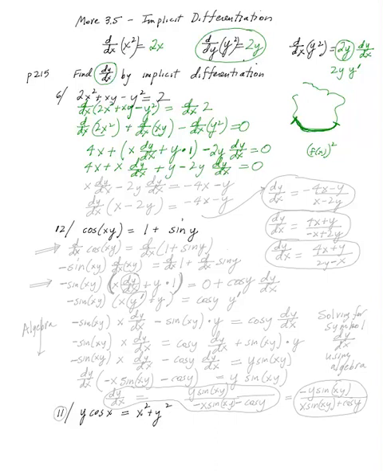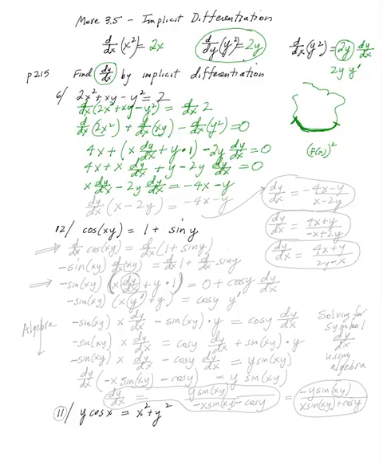Okay. Any term with dy dx, I'm leaving it on the left. Any term without dy dx, I'm moving it to the other side. To undo adding 4x, I subtract 4x. To undo adding y, I subtract y.